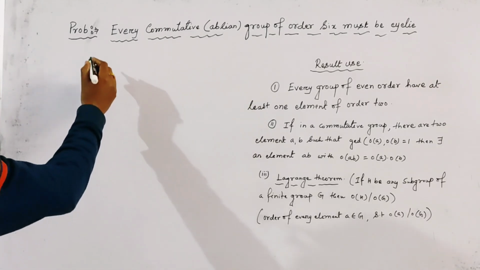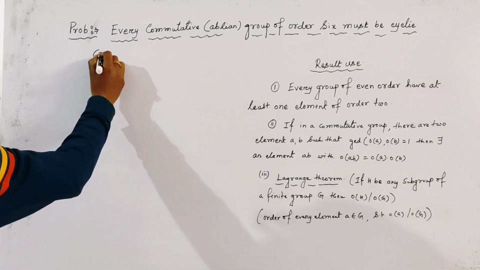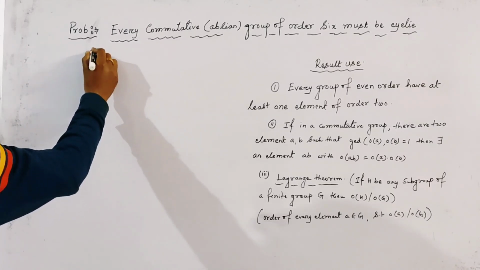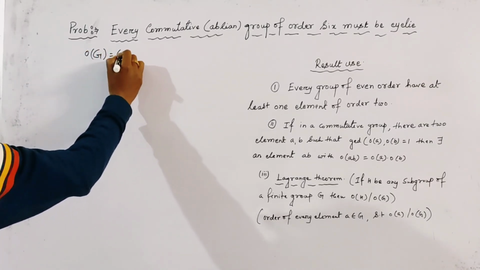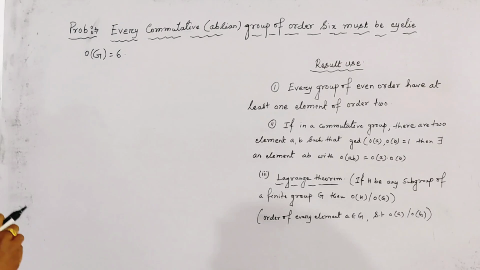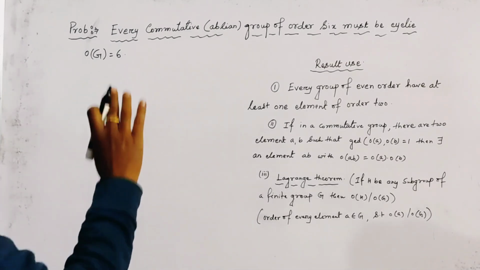We first let G be a group, and let the order of G be equal to 6. We have to show that G is a cyclic group.